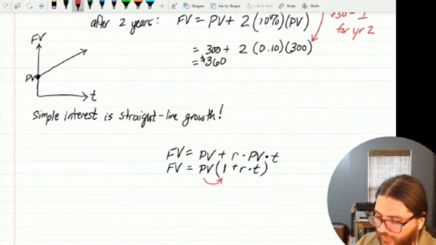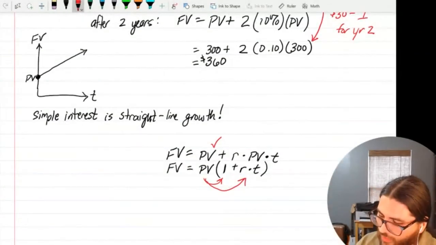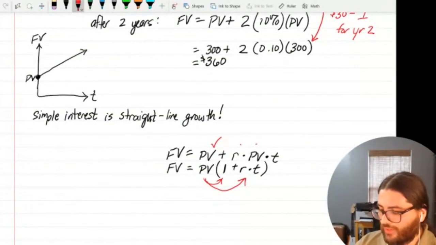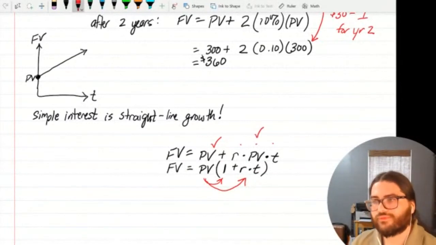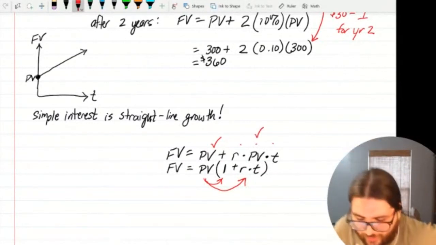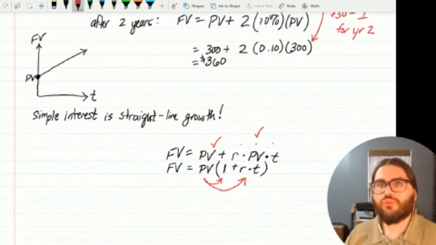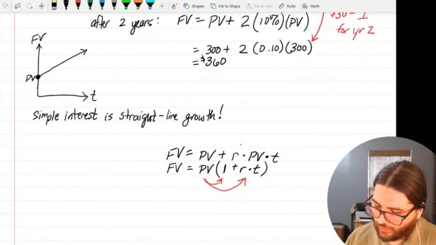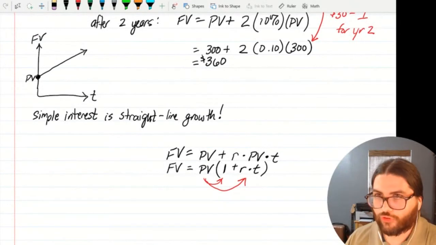PV times 1 is PV. That takes care of this one. And PV times R times T gets me PV times R times T, the second part. So I've done my factoring correctly, but I bet you've seen this formula in the second form a lot more than you would have ever seen it in the first form.